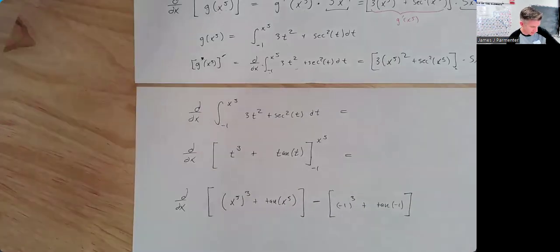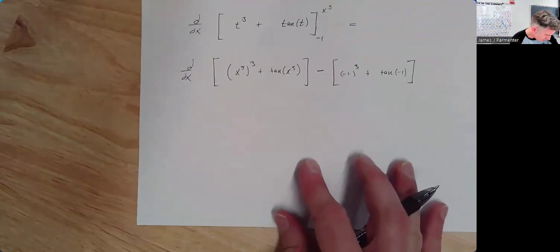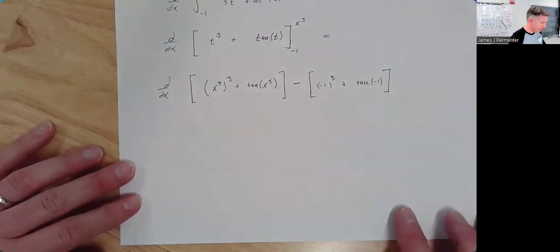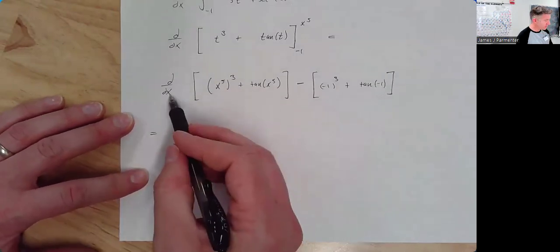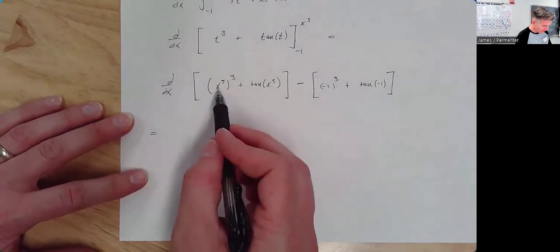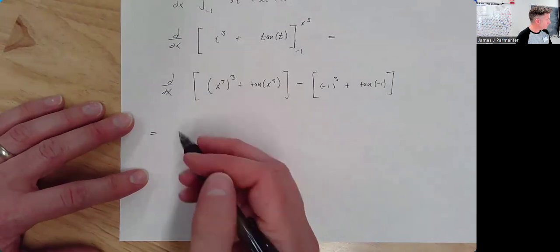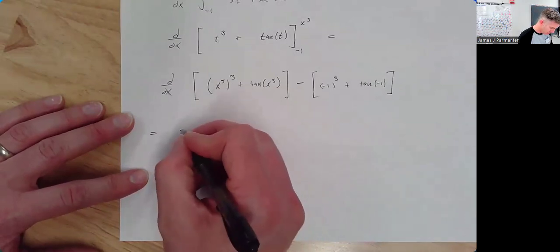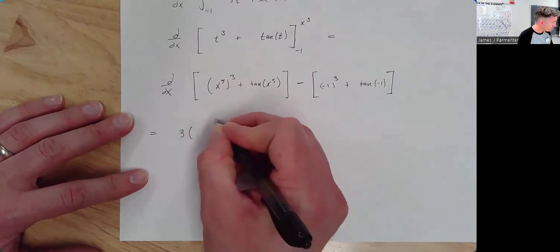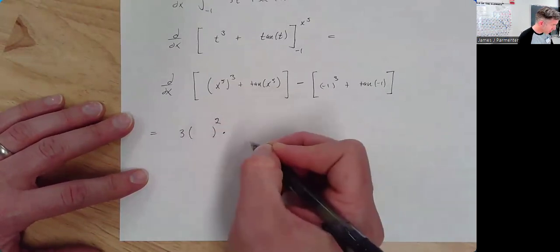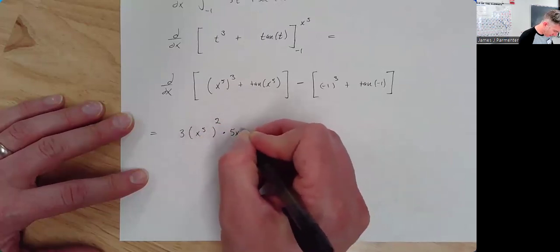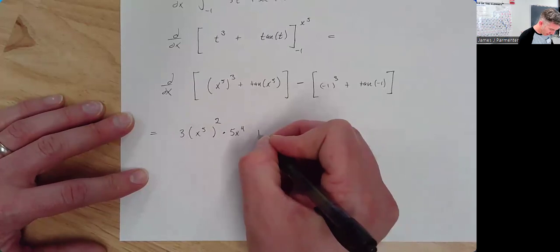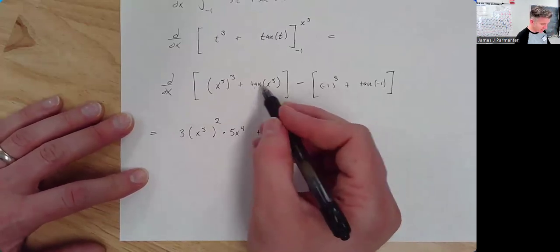And now we're going to take the derivative using the chain rule quite a bit. So let me ask you, what's the derivative of some stuff cubed? 3 times my stuff squared, times the derivative of the stuff. Plus, what's the derivative of tangent of some stuff?